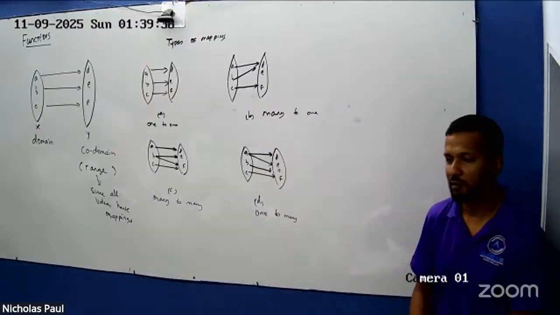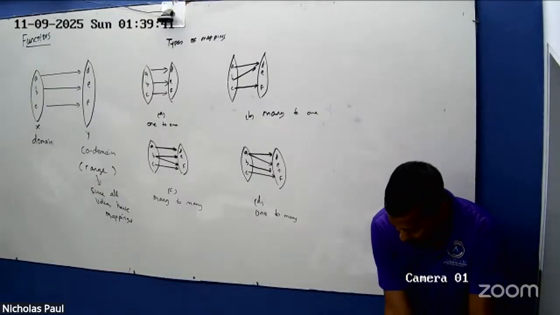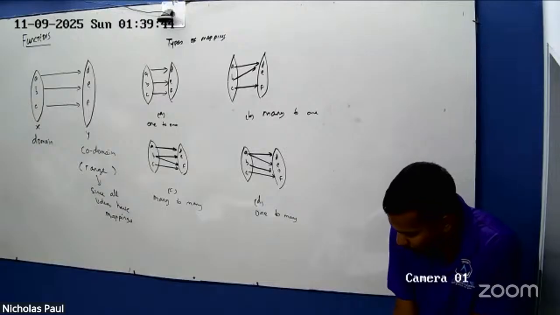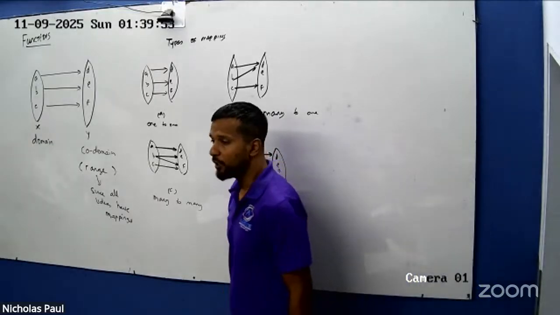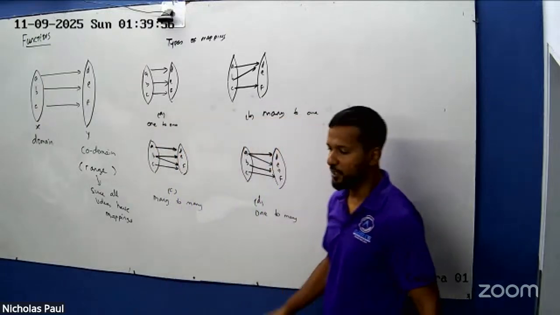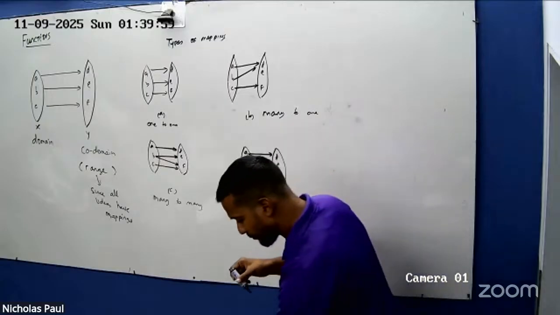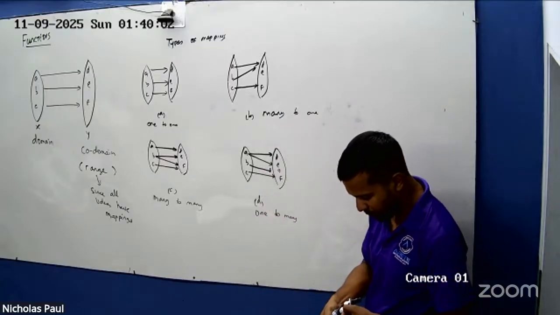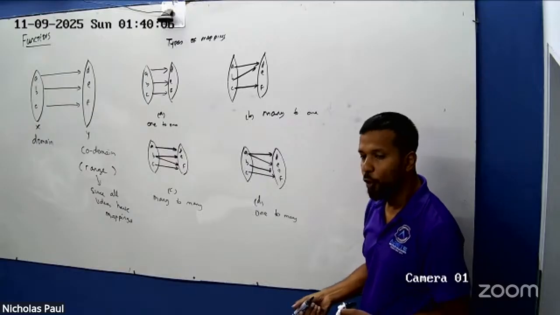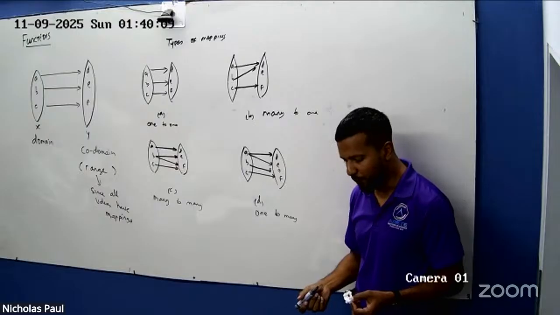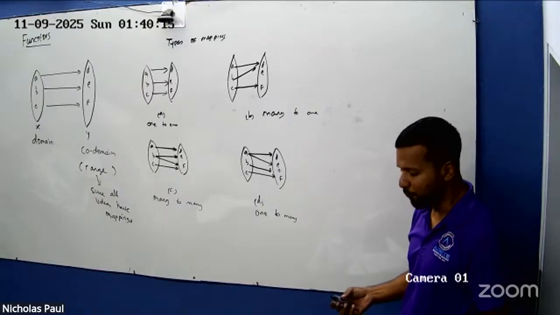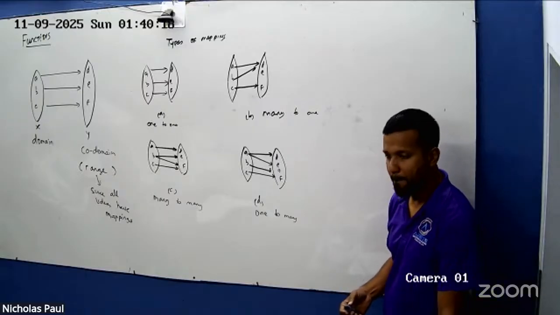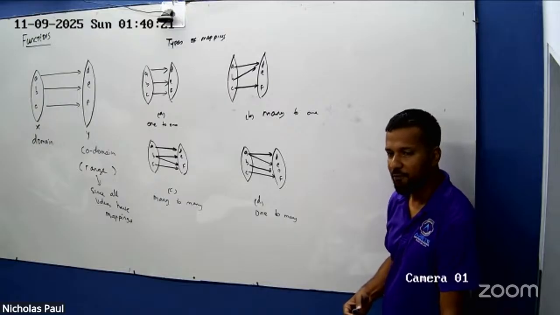A function is a relation in which no two or more ordered pairs have the same first element.